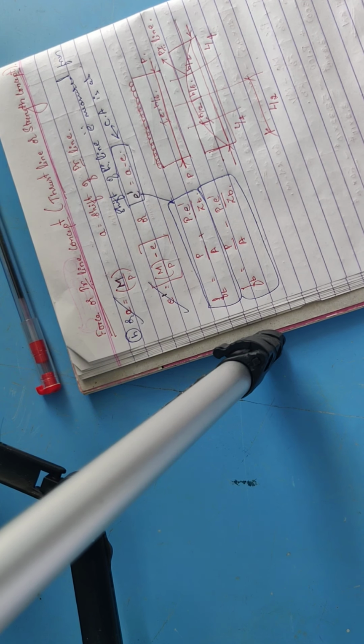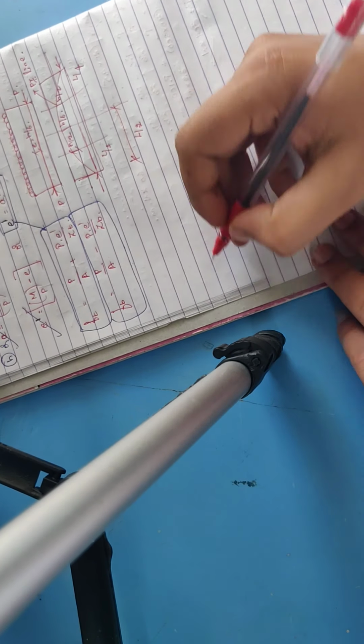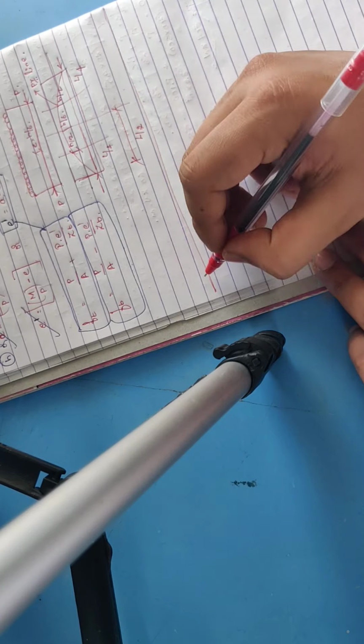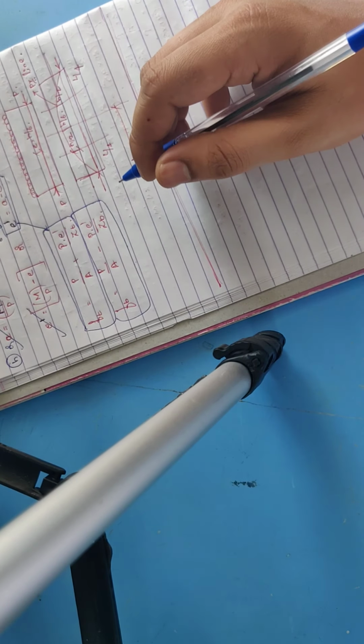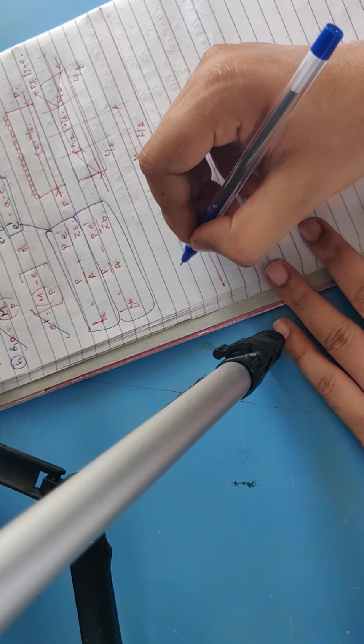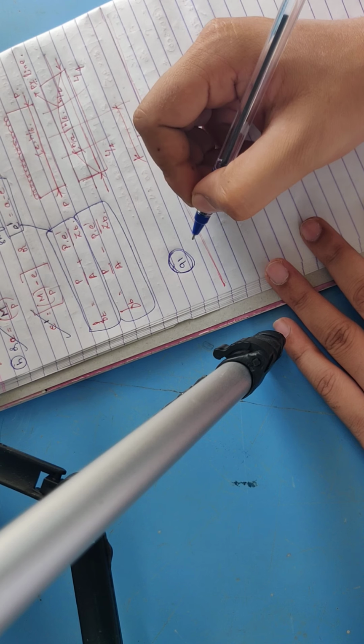So we will see one numerical regarding this concept. Everything is the same. If you want to read more regarding this concept, you can refer to the Krishna Raju textbook, page number 91.